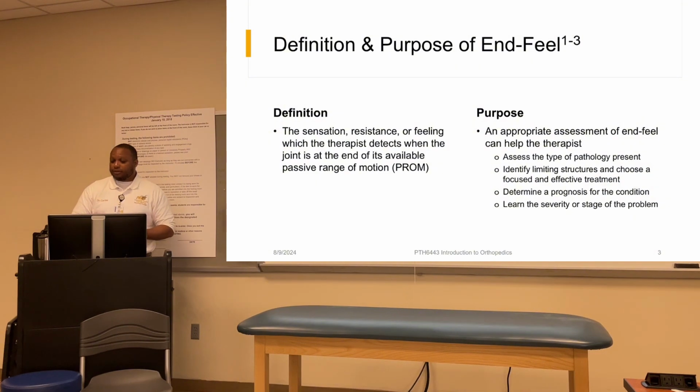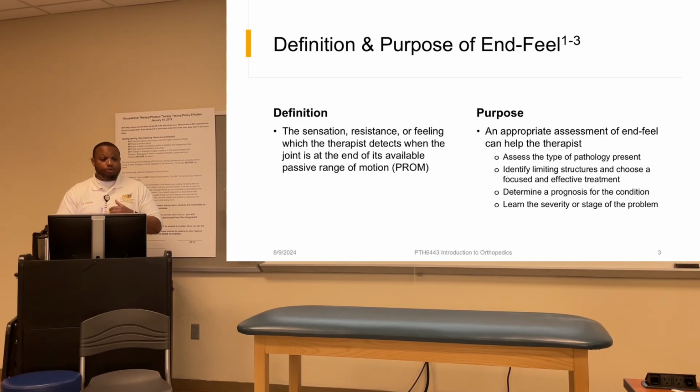So the purpose of passive range of motion and end-feel is to provide you with an appropriate assessment of end-feel, which can help the therapist with clinical decision making. It can help you assess whatever type of pathology may be present. It can assist with identifying limiting structures, and then you can choose an effective treatment.